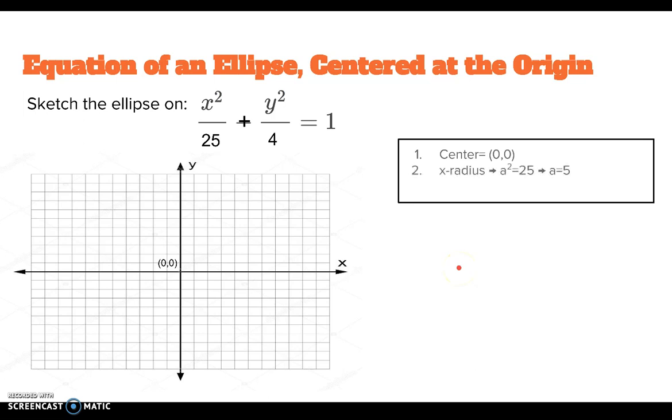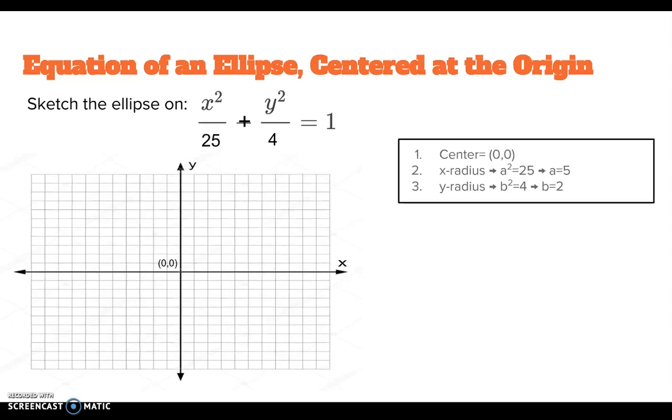Now the x radius is a. Here we know that this variable is a, and this is a squared. So a squared equals 25, so a equals 5. Now we have the y radius, which is b, b squared. So b squared equals 4, and so b equals 2.